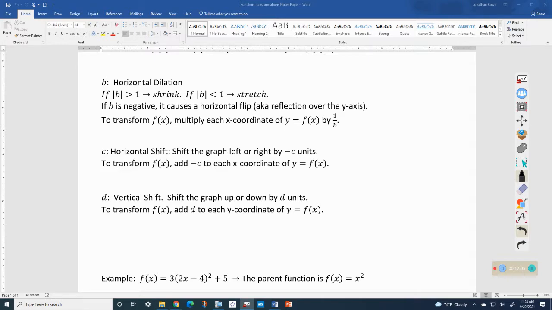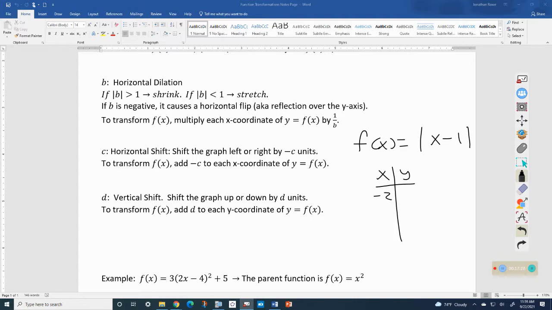I'm going to do one more example of C before I go to B. Let's say f of x equals the absolute value of x minus 1. We're just going to do our normal xy chart.